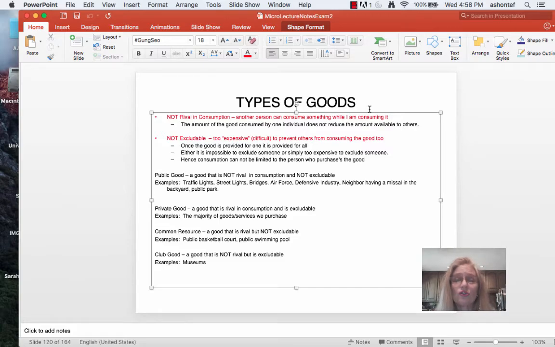So I put on the screen here what not rival means and what not excludable means. So not rival in consumption just means that if I'm consuming something, you can't consume it at the same time. And not excludable means it's too expensive or too difficult to prevent others from consuming the good at the same time.